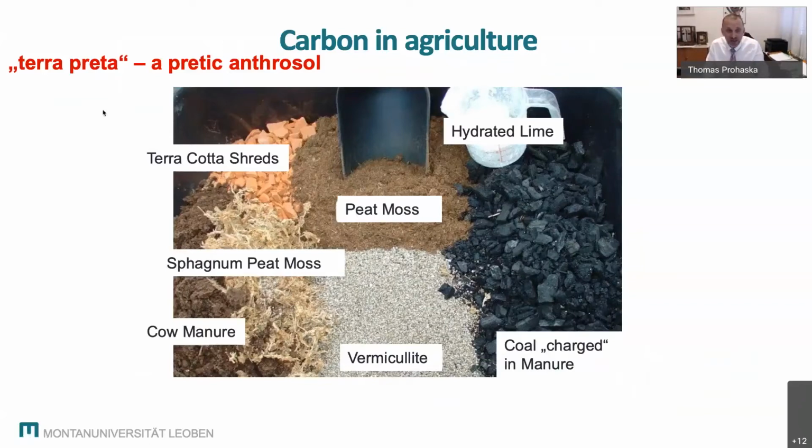Hectares of soil with this terra preta, a mixture of coal, peat moss, some terracotta shreds and others, and also manure, which was used from 700 to 1000 after Christ, but even before Christ, before our time, these materials were used, and they still present a very fertile area of ground.